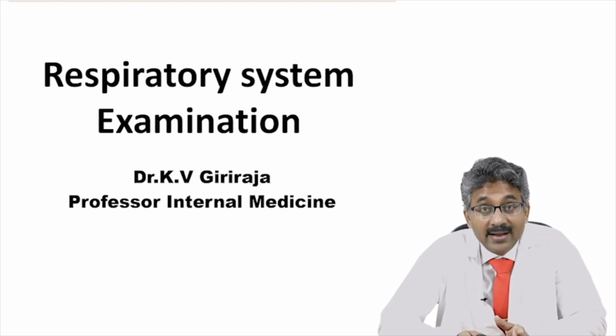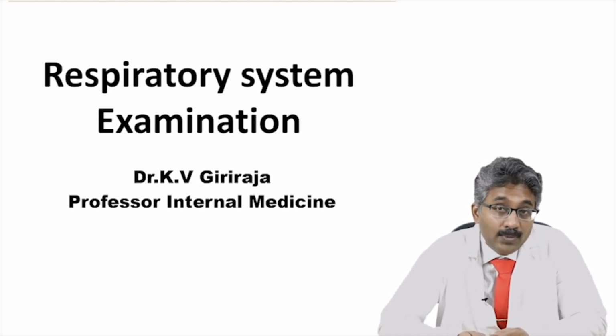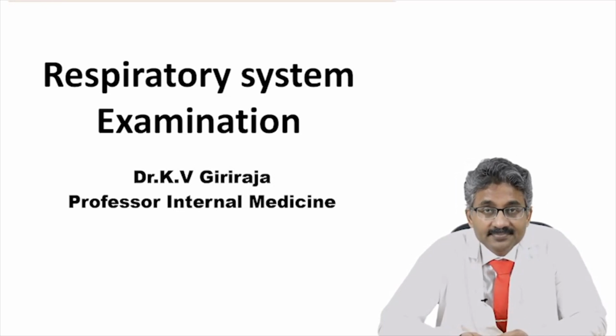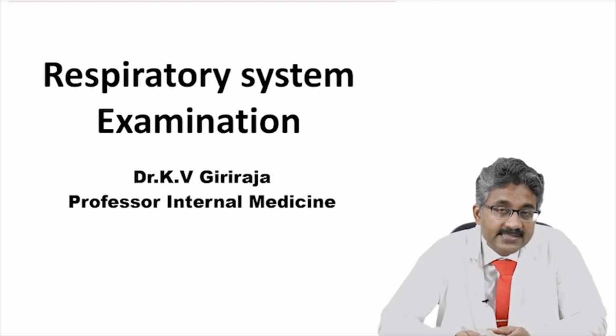There is one entity, catamenial hemoptysis. During each monthly menstruation period, there is hemoptysis due to endometriosis. Pulmonary embolism can produce hemoptysis, pulmonary edema can produce hemoptysis, and pulmonary AV malformations can produce hemoptysis. Carcinoid tumors can also produce hemoptysis.